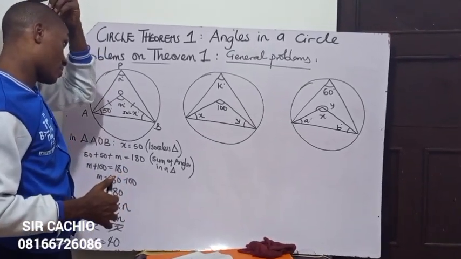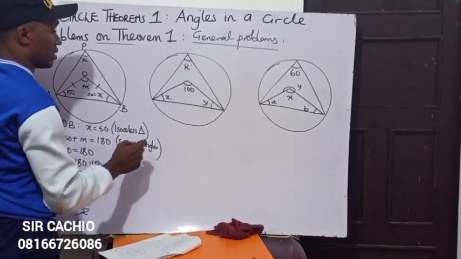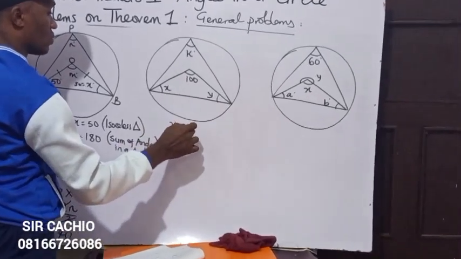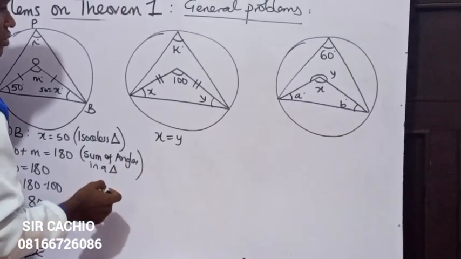Next problem is also the same thing. We note that x is equal to y because it's an isosceles triangle.